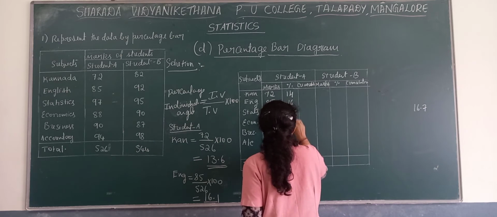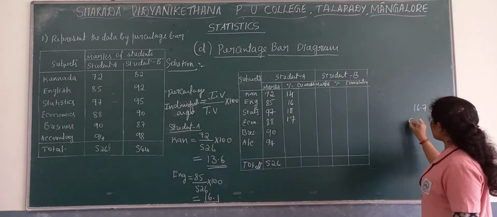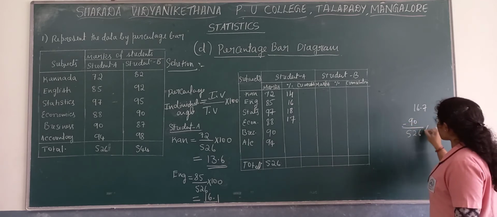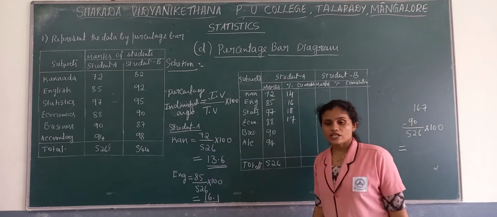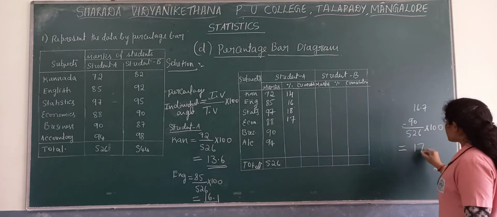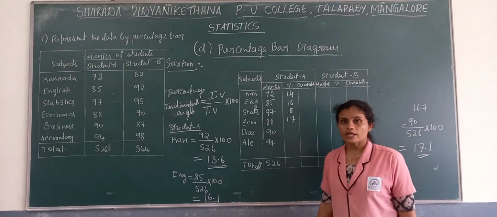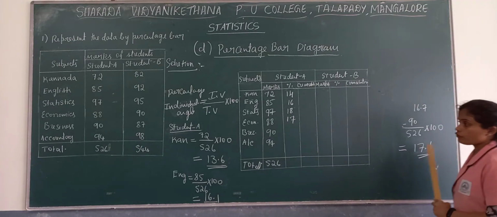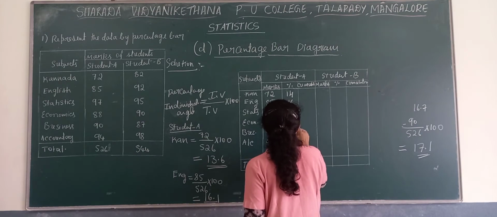Next comes business. There, 90 by 526 into 100. Then we get 17.1. Since it is 1, not more than 5, we consider it as 17.